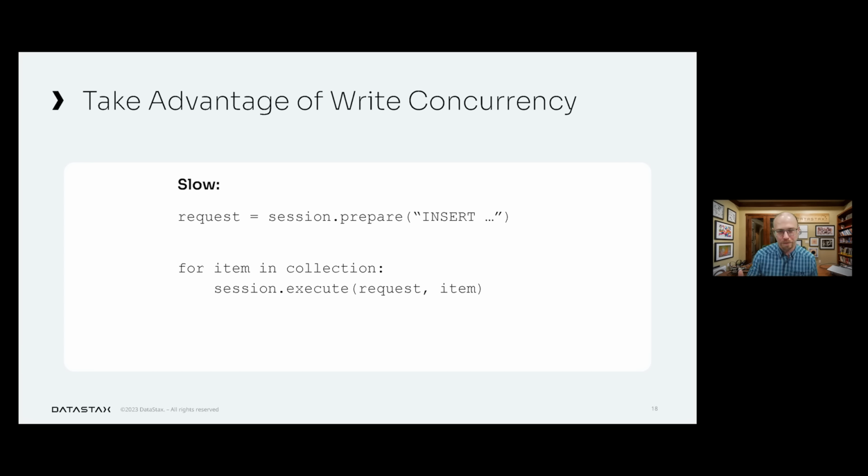But then I'll go through every item in my collection and execute that prepared insert with that item. That will work, but what that means is that I'm sending a request to Cassandra, I'm waiting for it to get back, and then I'm sending another request, waiting for it to get back. And so I've got this server of dozens of cores on the other side of that request, and I'm just doing one at a time with all the latency of the network in the way.